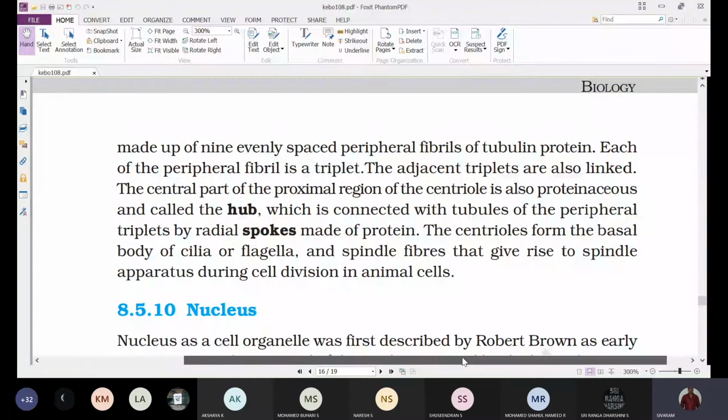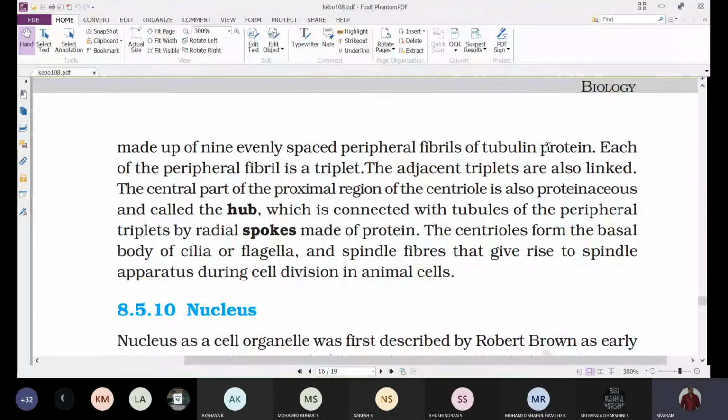So we'll find 9 peripherally arranged tubular structures, fibrils, which are made up of a protein called tubulin. And next, each of the peripheral fibrils is a triplet.